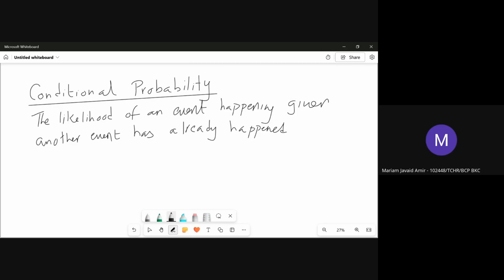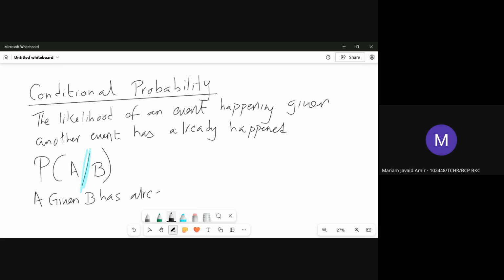It has a formula, probability A slash B. Slash is read as given. So A given B has already occurred. The event B has already occurred. What's the probability of event A happening given B has already occurred?